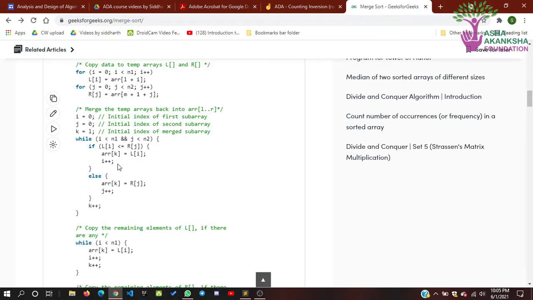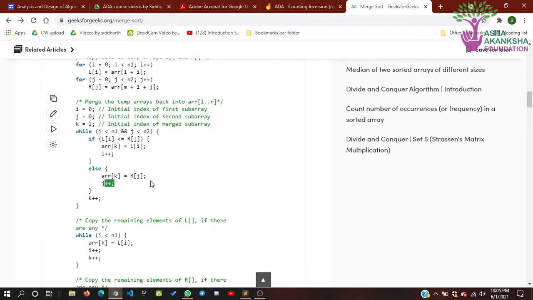Else the left element is greater than the right element, and hence, according to the ascending order, the right half element should appear in the array now. So we store that particular element in the current position, and we increment the corresponding j index.